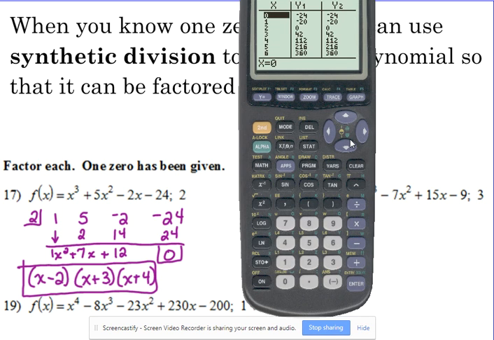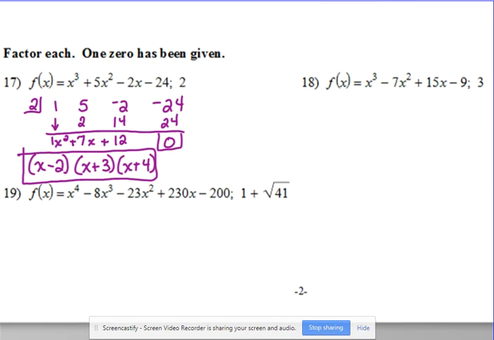If every y value is the same for y1 and y2, that means those are the same polynomial. One's just in standard form, one's in factored form. So that's a really easy way to check yourself on these problems.